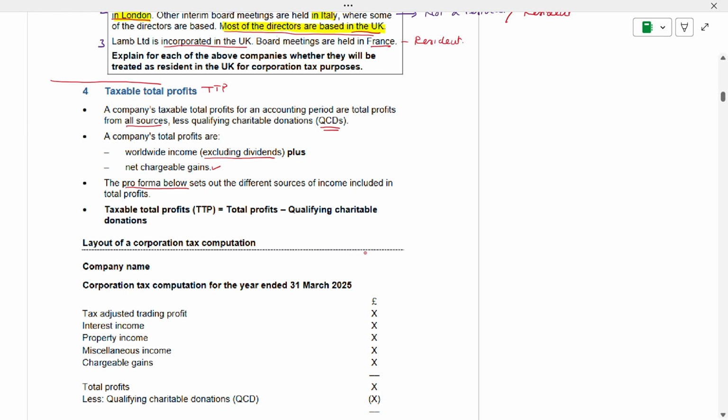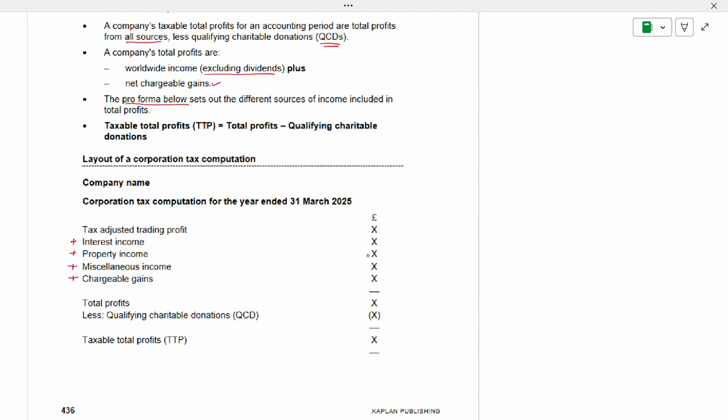It excludes the dividends. Now, how you are going to format it: remember, memorize. I very rarely say memorize, but here I will say the format you have to memorize. The sequence: tax adjusted trading profit plus interest income plus property income plus miscellaneous income plus chargeable gains.